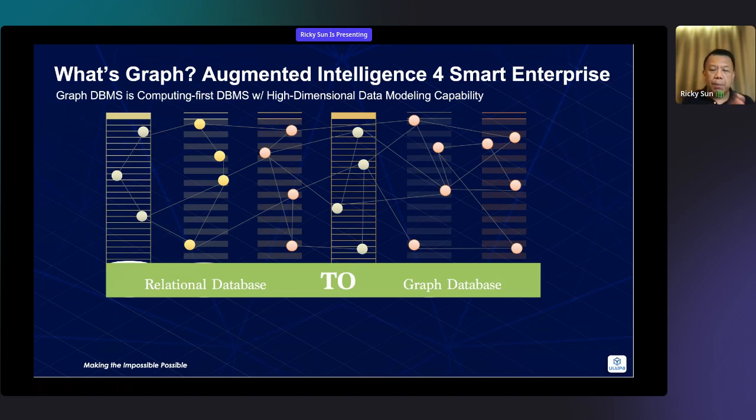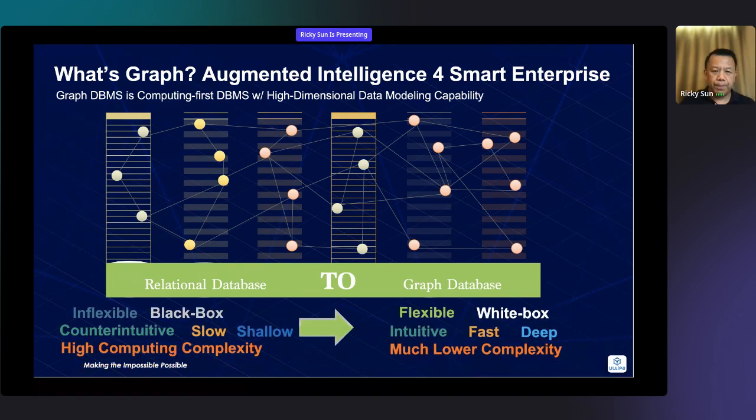So there has got to be some pathway to transform from relational database to graph database, because the relational database is not that flexible. It's sometimes even counterintuitive. And in terms of the capabilities to deeply penetrate data, connect data, correlate data, it's slow, it's shallow, and we all talk about the Cartesian product.